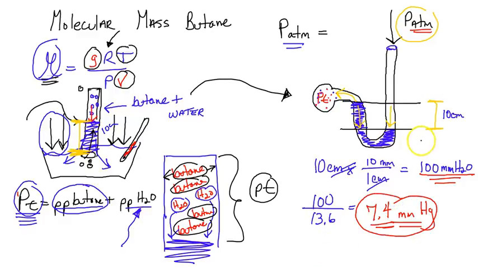We're going to know the pressure of the atmosphere, because we're going to get a reading from the local weather station. What we're trying to solve for is the pressure of the gases, the mixture in this container.